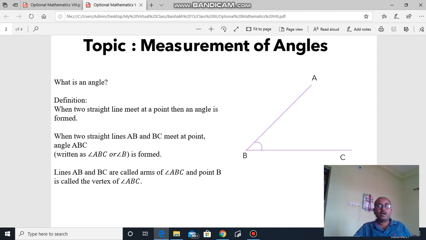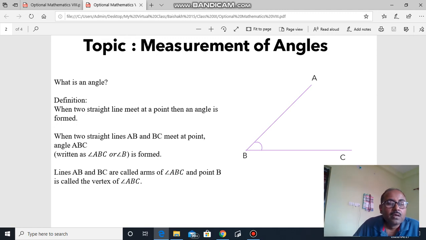And this angle is named in two ways. You can call it angle ABC with the help of three letters, or simply angle B, because B is at the corner. And this same angle can be named in reverse way, angle CBA, or angle ABC. That's all.